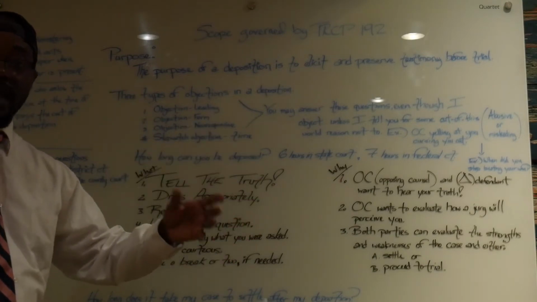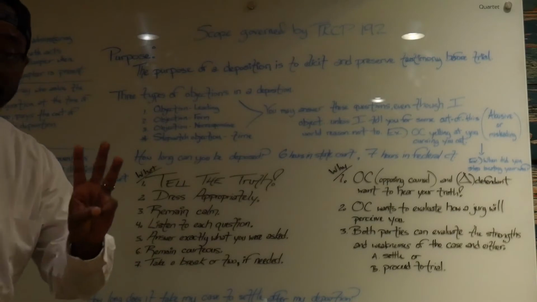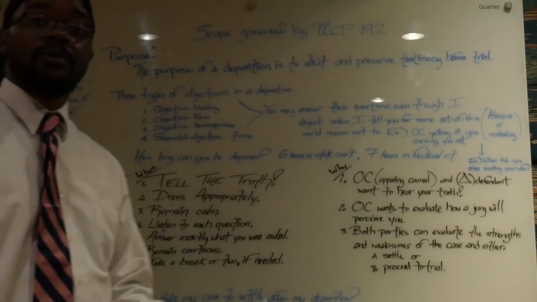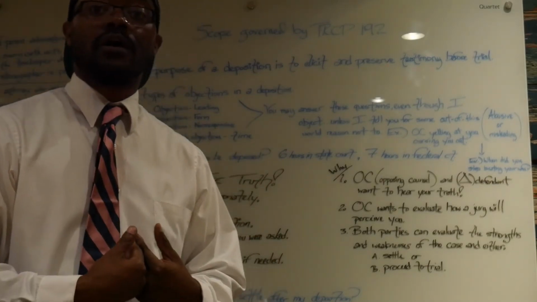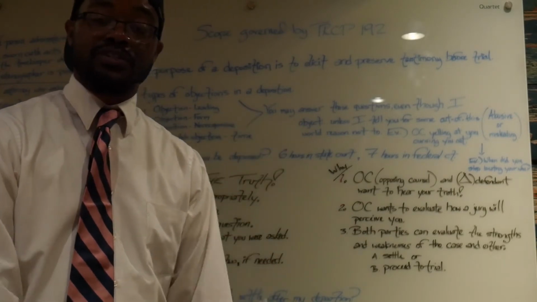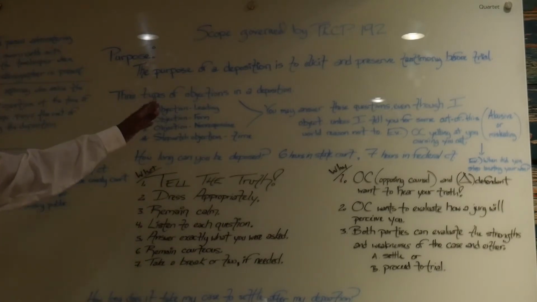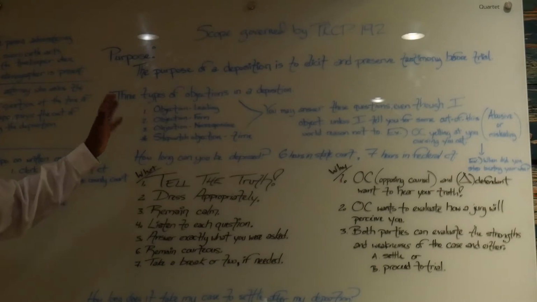When we go in and we have a deposition, generally there are three types of objections that are made by your attorney, or the attorney who's not taking the deposition. And they are objection leading, objection form, objection non-responsive.